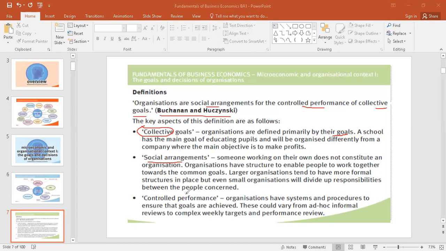Then the third aspect of it is controlled performance. What does it mean by controlled performance?